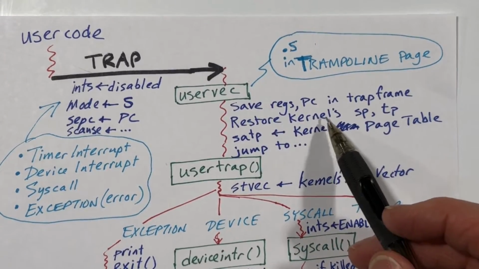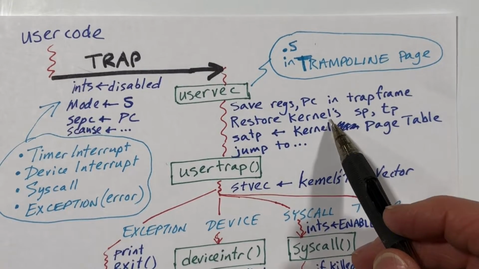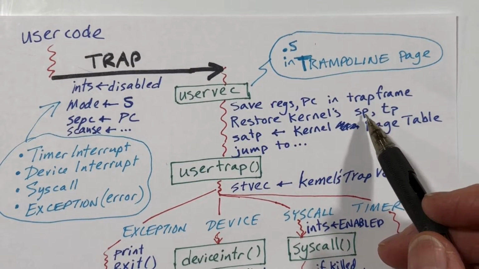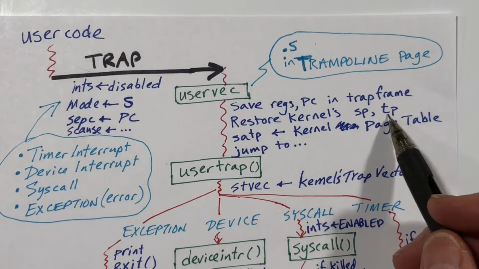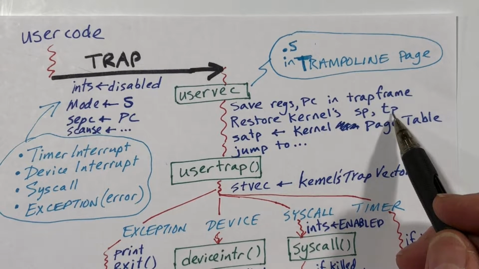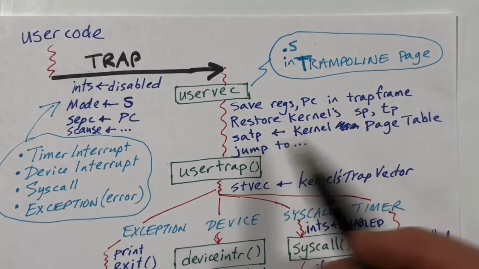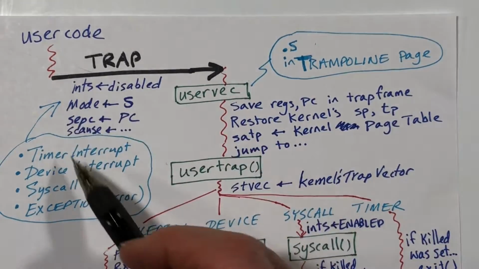So then we get ready to start executing kernel code, and every thread needs its own stack, so we have to initialize the stack pointer register, and we also initialize the TP register, which contains the core number. These two registers will have other values in the user code.